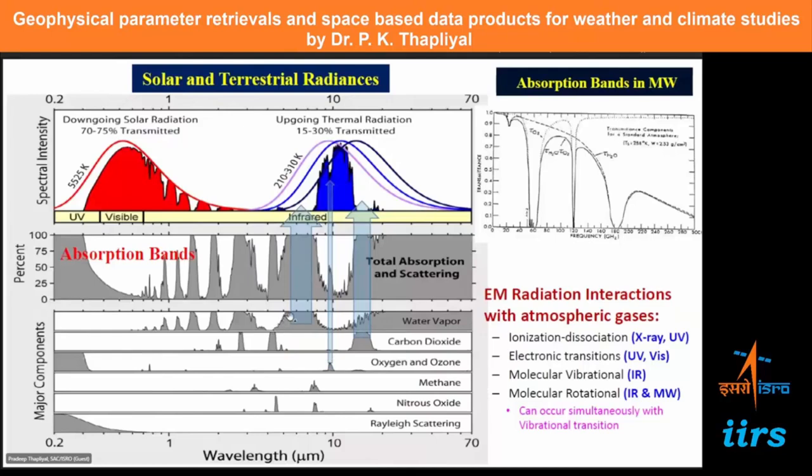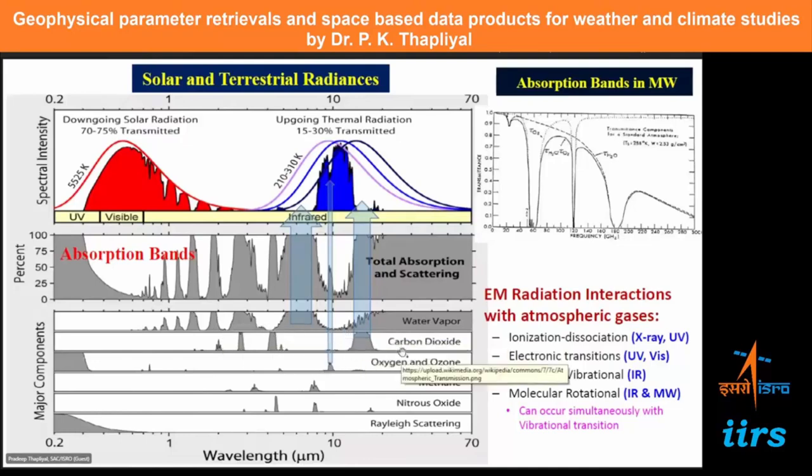You can see this part, there is very strong absorption from 6 to 8 micrometer. And then there is a continuum beyond 20 micrometer where water vapor strongly absorbs radiation passing through the atmosphere. But in between, there are various regions where water vapor is not absorbing. These regions we can call a window.